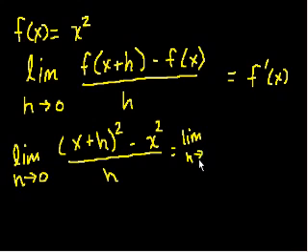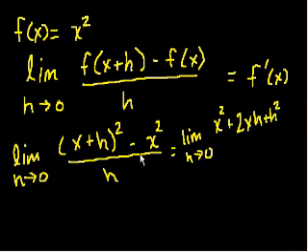as h approaches 0. Let's just multiply this out: x squared plus, what is this, 2xh plus h squared, minus x squared, all of that over h. Let's simplify this. This x squared cancels out with this minus x squared, right?